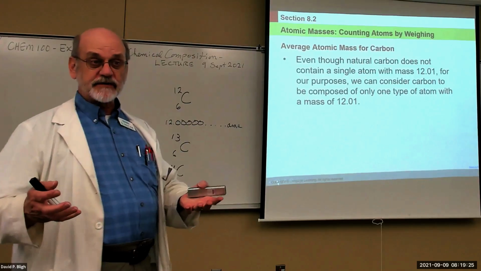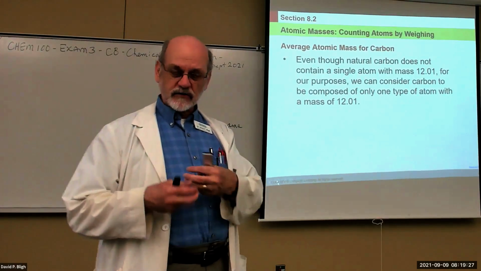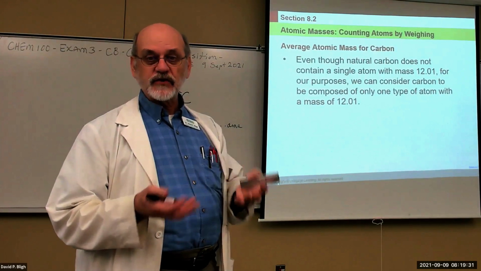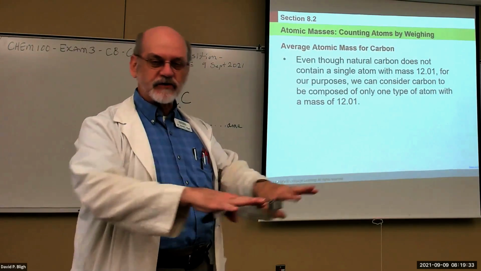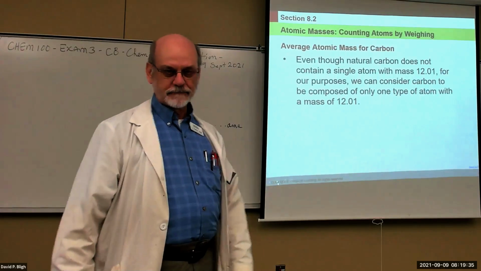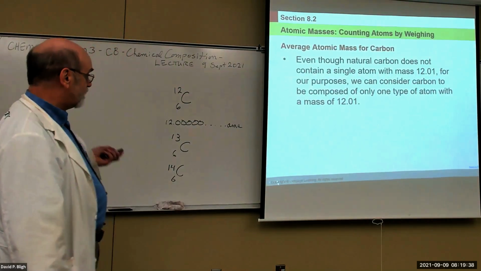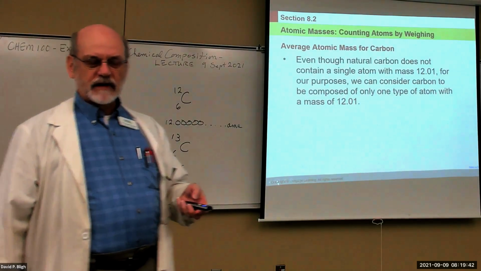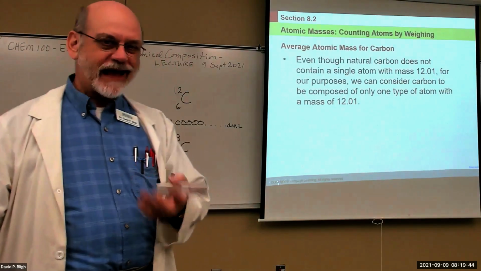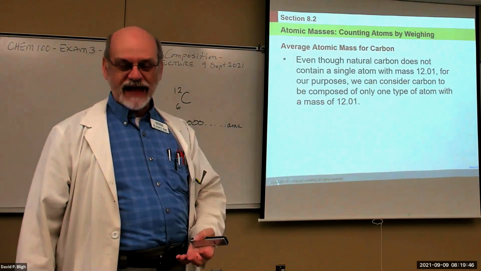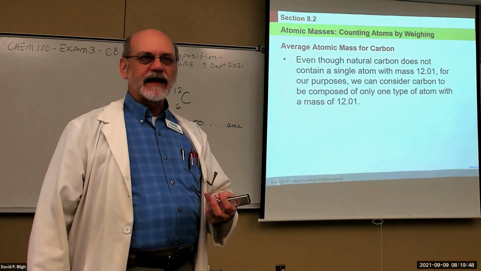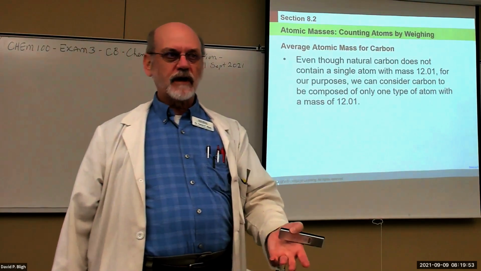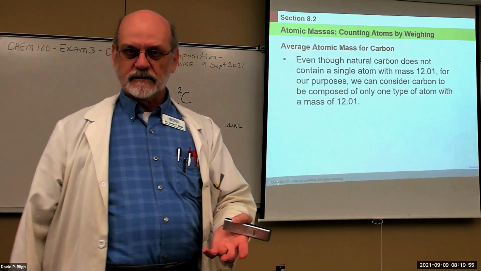So now as chemists, if we isolate carbon, or we introduce carbon into a reaction, we don't have to worry about the isotopic mix. That's already been factored into the average value. And by the way, that value, 12.01, is not a simple arithmetic average. It's a weighted average. Kind of like determining your grade point average, right? This course is worth 4 credits.